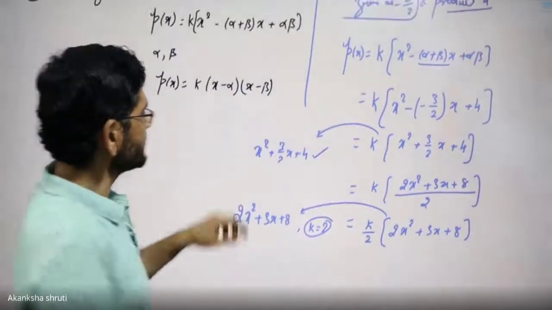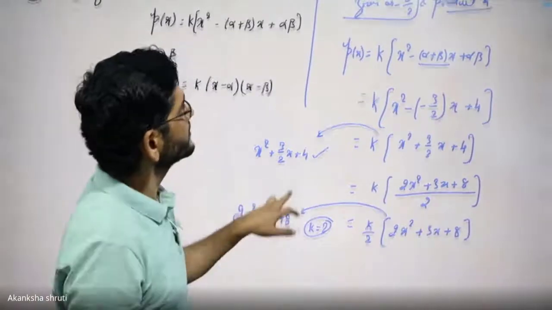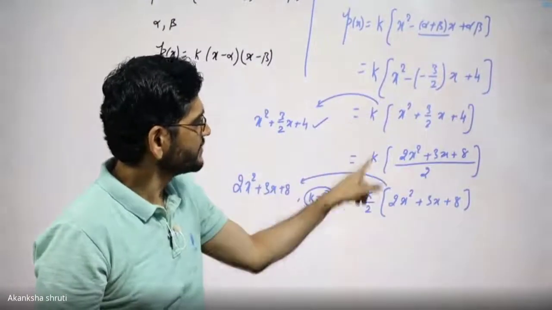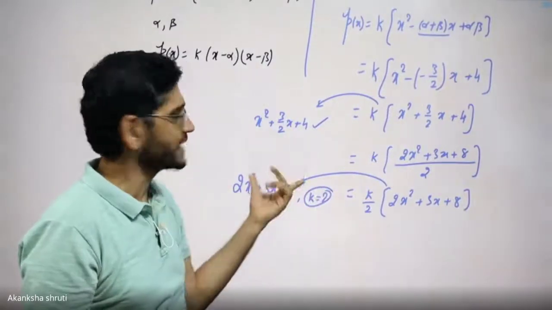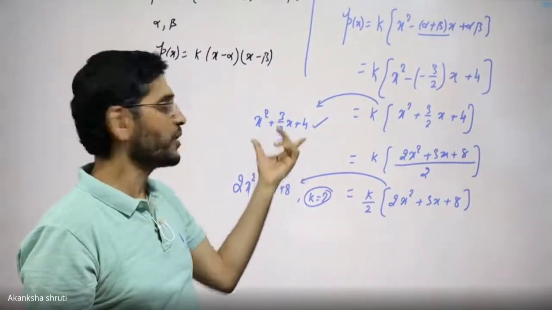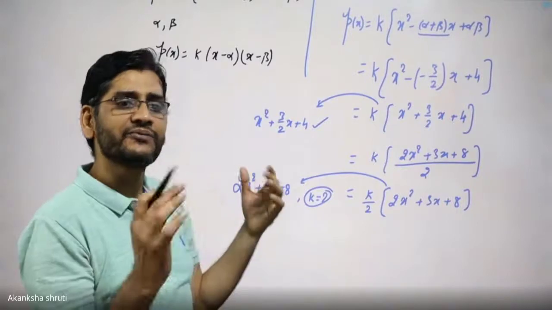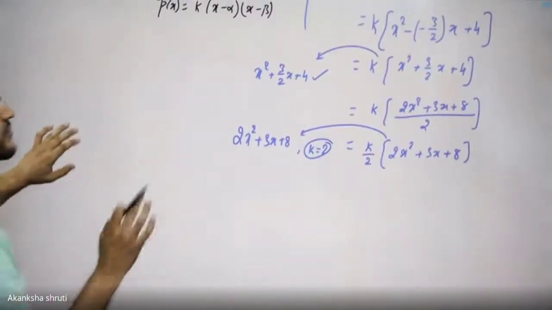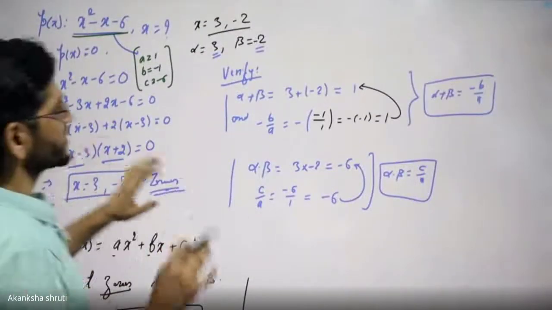The other thing we can also conclude is that with the same sum of zeros and product of zeros, considering different values of k, different polynomials can be obtained. So there can be infinite such polynomials. So this is the relation that we have to know. These are the 4 important things that we have to know.